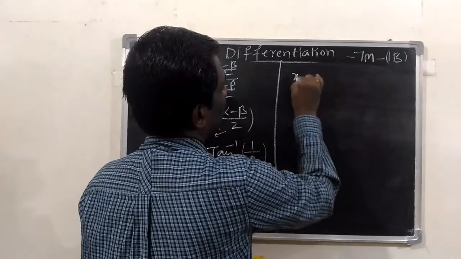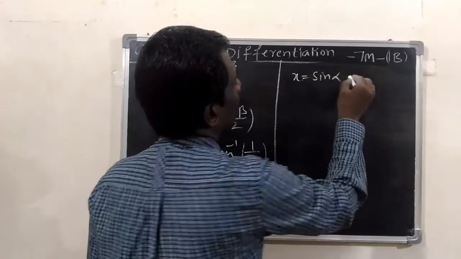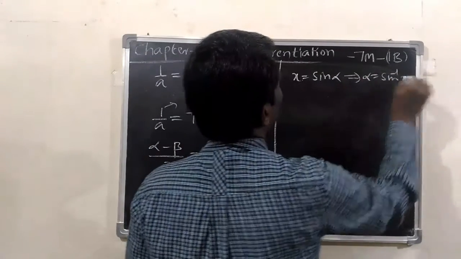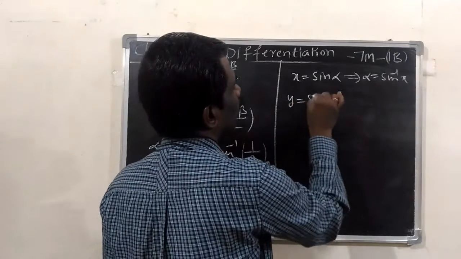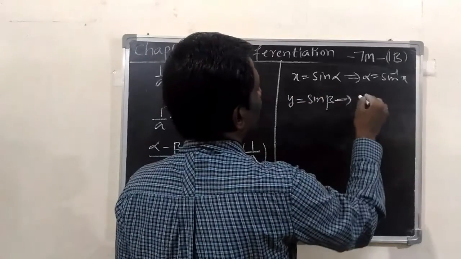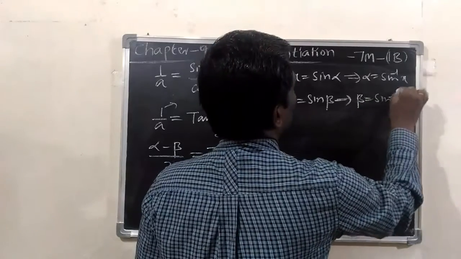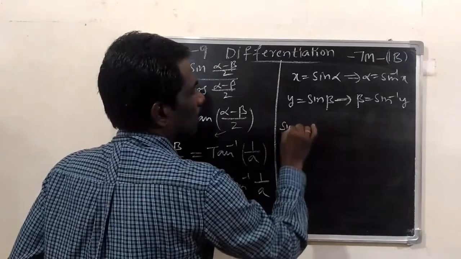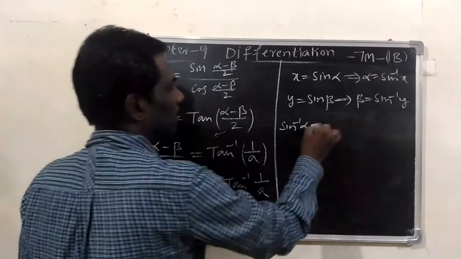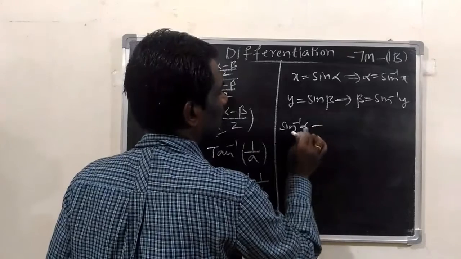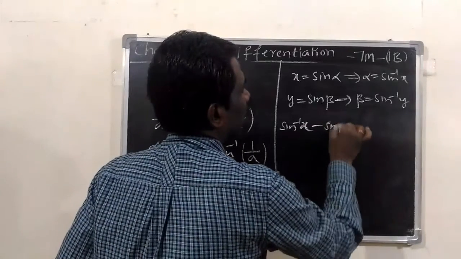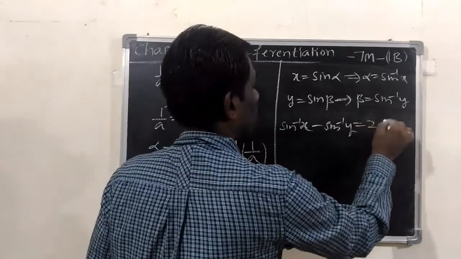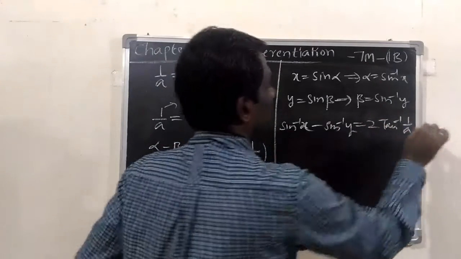Already we assumed x = sin α, from this α = sin⁻¹x, and y = sin β, from that β = sin⁻¹y. So sin⁻¹x − sin⁻¹y = 2 tan⁻¹(1/a).